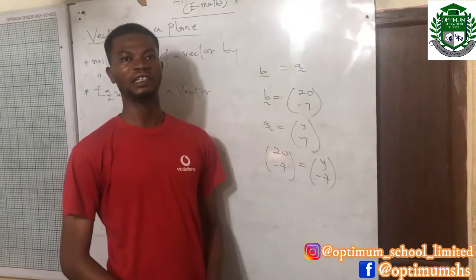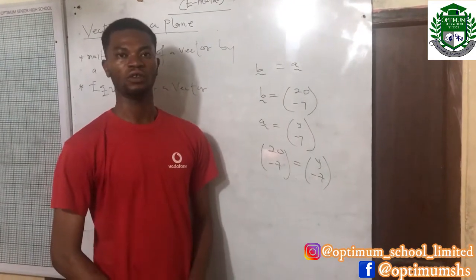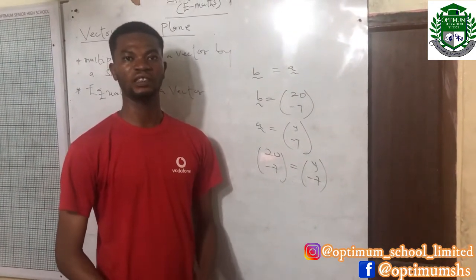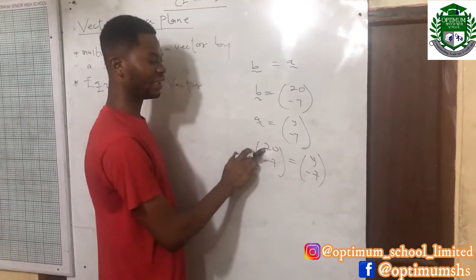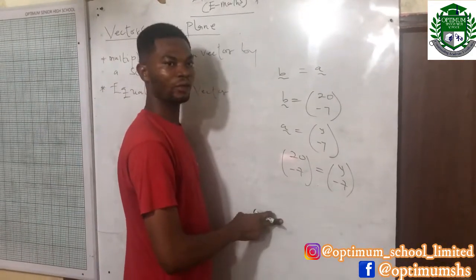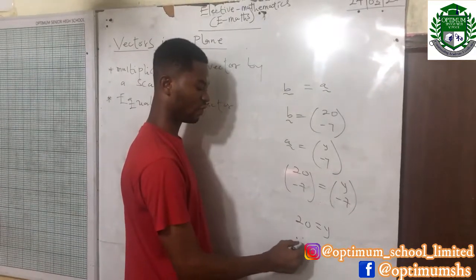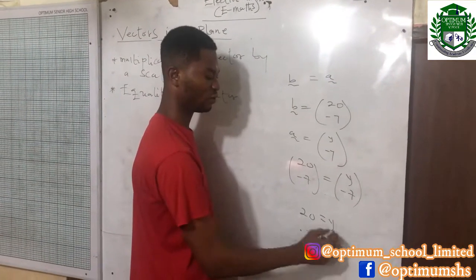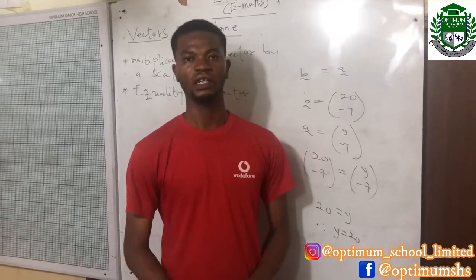Since these two vectors are equal, their components are also equal. So all we have to do is equate them component by component. This is the x component of this vector, this is the y, this is the x, and this is the y. You can simply say that 20 is equal to y. So therefore, y is equal to 20. So in equality of vectors, we just equate the component parts.